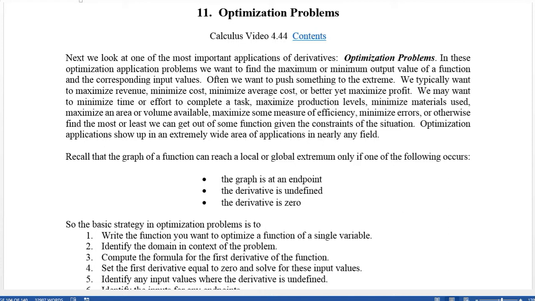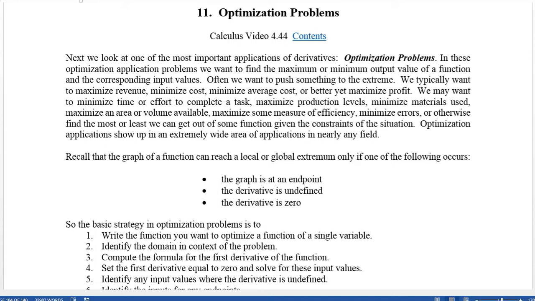We may want to minimize the time or effort to complete a task, or maximize production levels, minimize materials used, maximize an area, or maybe maximize the volume available, maximize some measure of efficiency, minimize errors, or otherwise just get the most or least we can out of some function given the constraints of the situation. So optimization applications actually show up in extremely wide area applications in nearly any field.